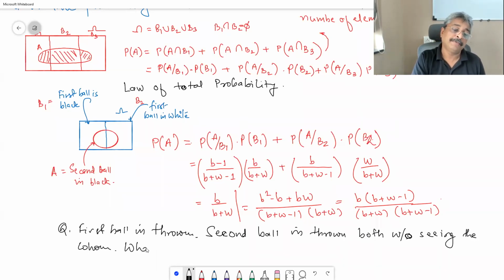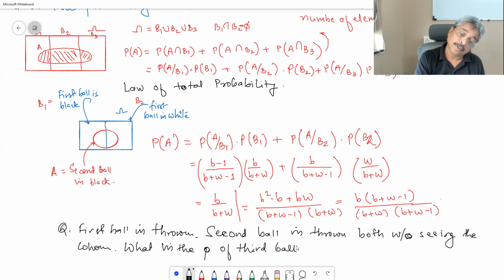What is the probability of the third ball being black?